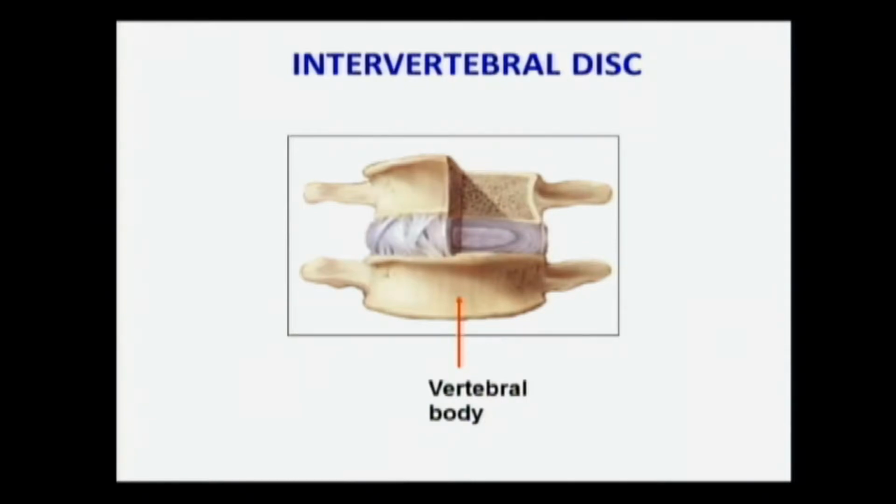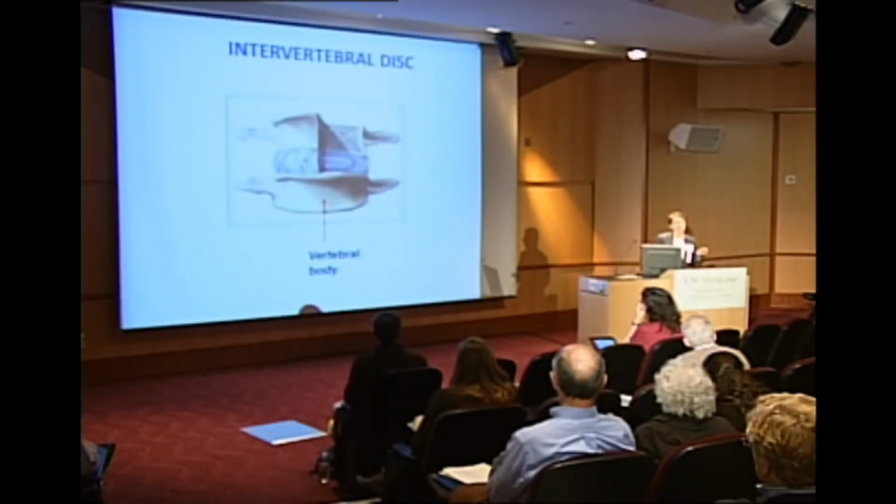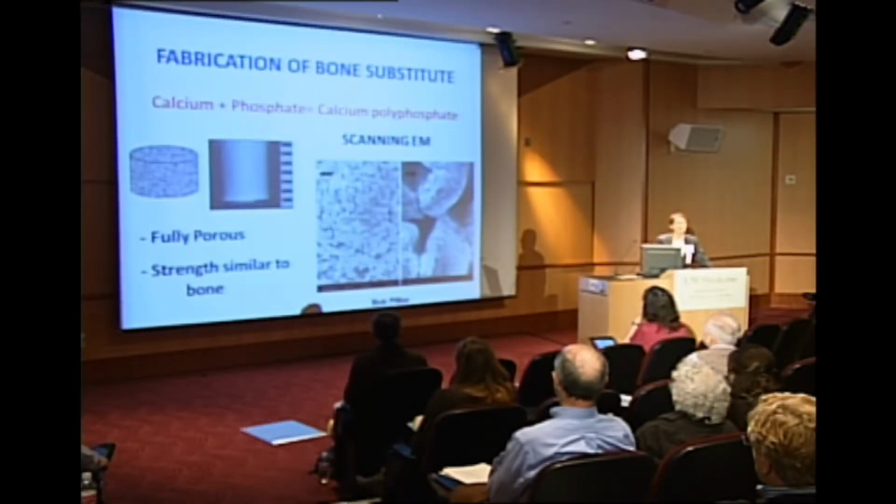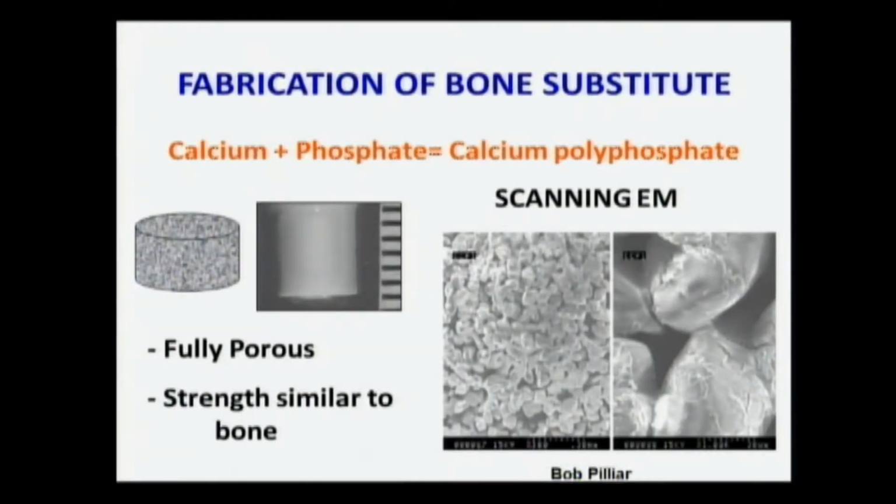So the first thing that we did in this quest to make a biological disc was develop a bone substitute material that we think would be appropriate to support tissue formation and replace the bone that we would ultimately resect. So together with my colleague Bob Pillier, we worked on developing a bone substitute. He utilized calcium and phosphate, which are the natural molecules that make up bone, and developed a method to generate this bone substitute, and this is just its appearance as a cylinder.